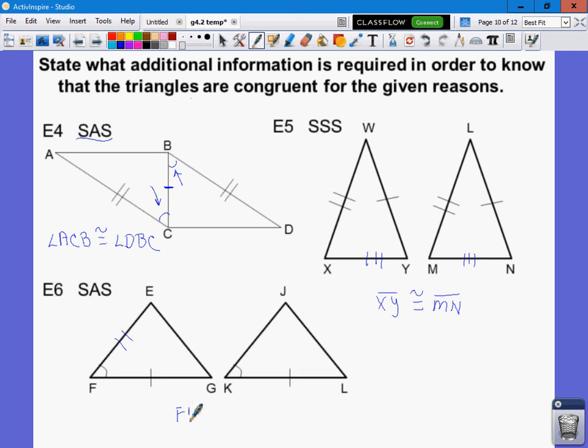So it's FE. Which side would I need over here? KJ or JL? I need KJ. And I need KJ so that the angle is included. It's stuck between those two sides.